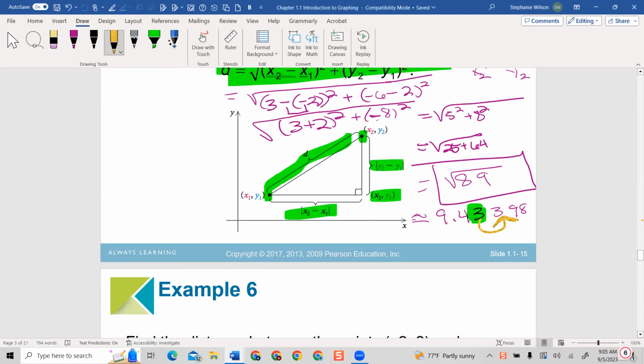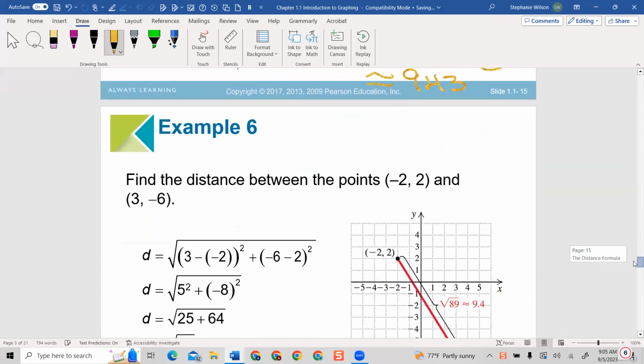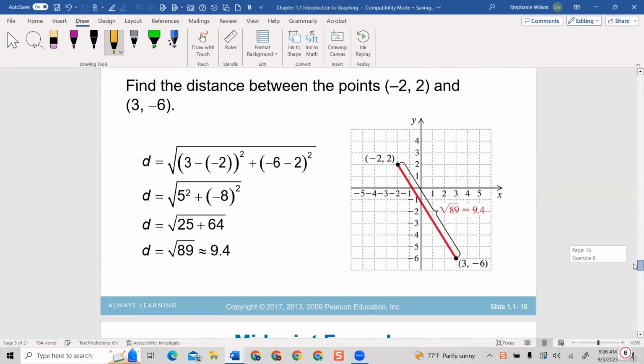If it is greater than or equal to 5, then we add 1 here and drop the decimals. If it's not, we just drop the decimals and leave it alone. In this case here, it's not. So my answer is 9.43 approximately. The square root of 89 is the exact. Okay, so be sure and read the instructions. And this worked out for you, and you can plot it.